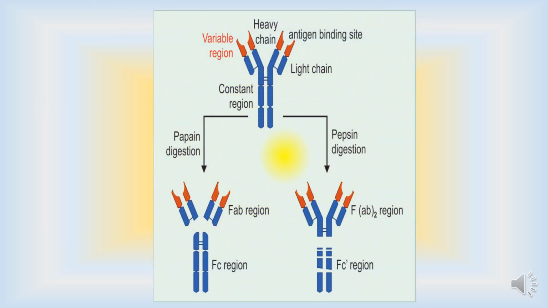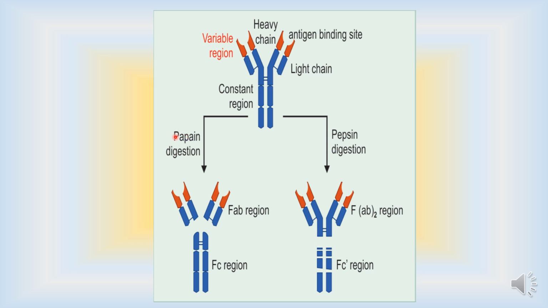I will now quickly tell you about the structural components of immunoglobulins. As immunoglobulins are highly susceptible to enzymes, the structural components of an immunoglobulin were separated by enzymatic digestion. Here we will see action of two enzymes.